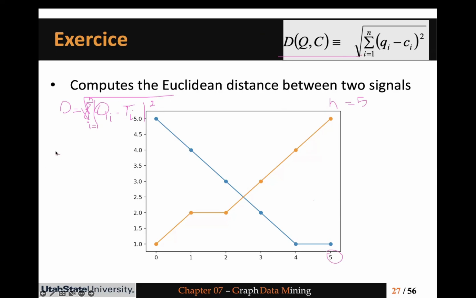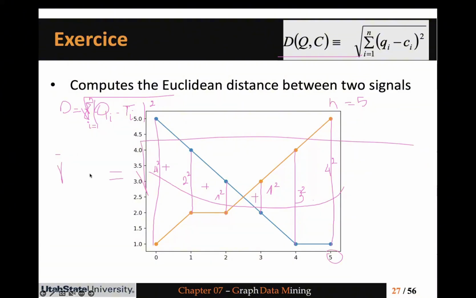So the distance, if you were to do that, is nothing but 5 minus 1, 4, 4 squared, plus 4 minus 2, 2 squared, 3 minus 2, which is 1, 1 squared, plus another 1 squared, because it's exactly the same value. Here we have 4 minus 1, which is 3 squared, and 5 minus 1 again, which is 4 squared.